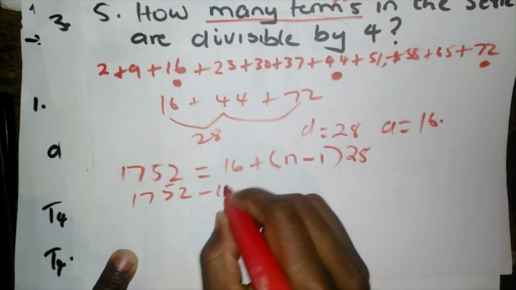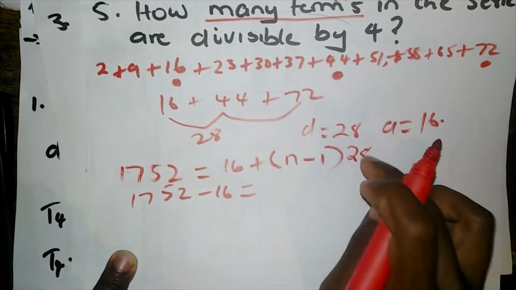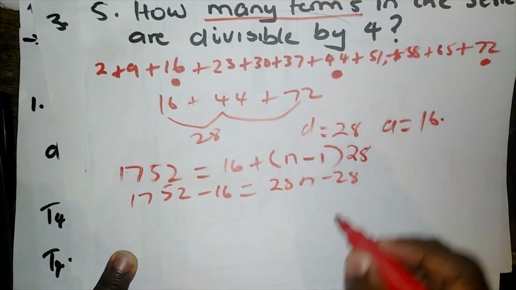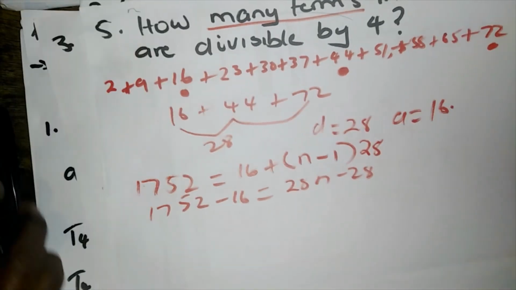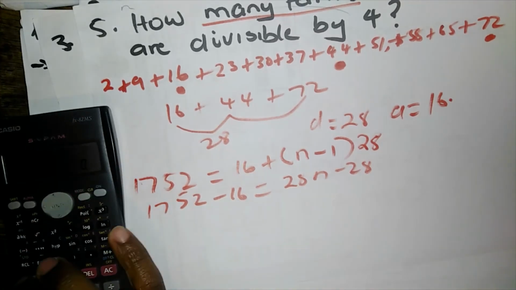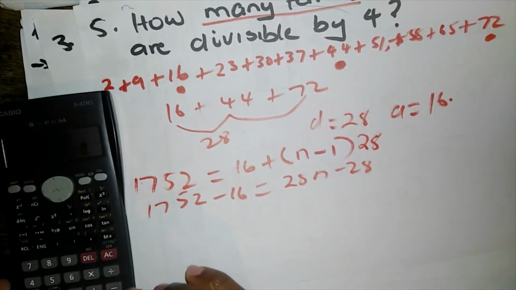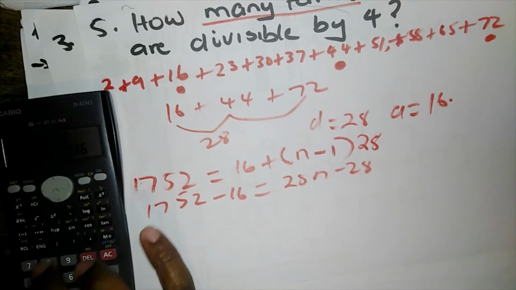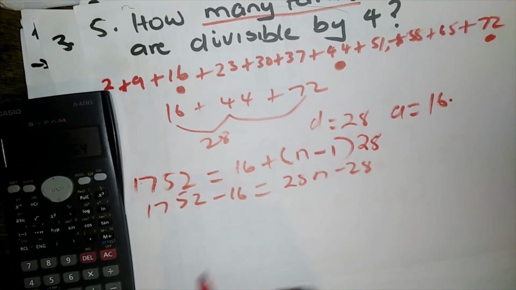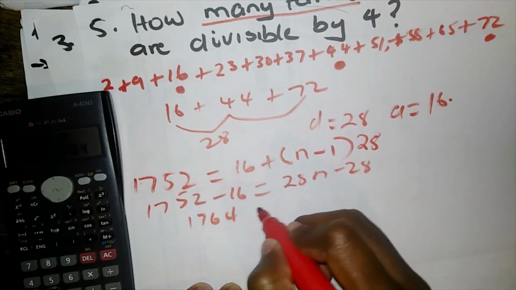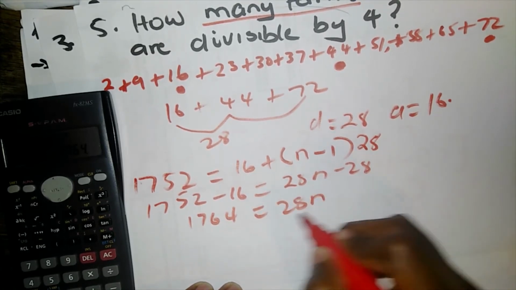You can transpose 16 and times what is inside the bracket, 28n minus 28. Then you transpose 28 and the sign changes. Simple. So say 1,752 minus 16 plus 28. So you get 1,764 is equal to 28n.